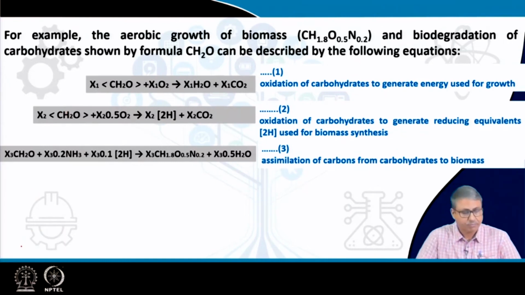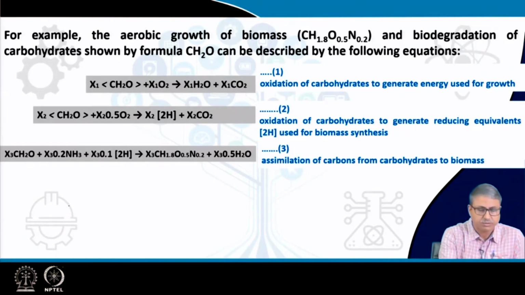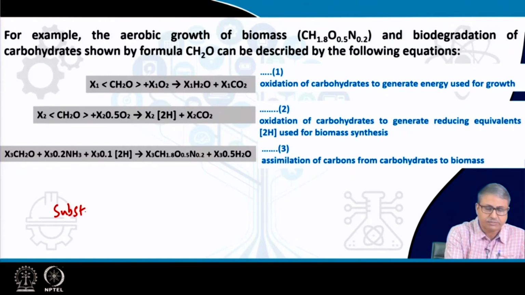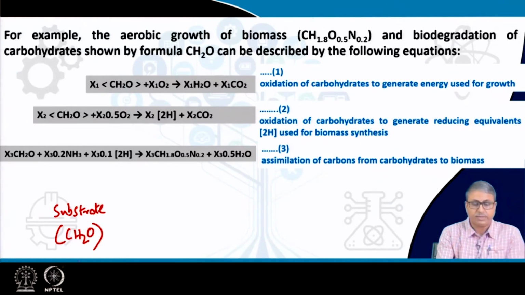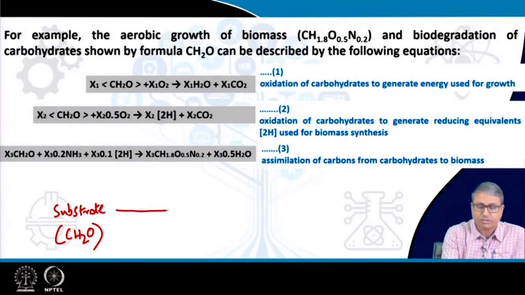One of the routes: if we have the carbon substrate, here abbreviated as CH2O, the substrate can be oxidized, and following oxidation we can expect that it will be converted into carbon dioxide.